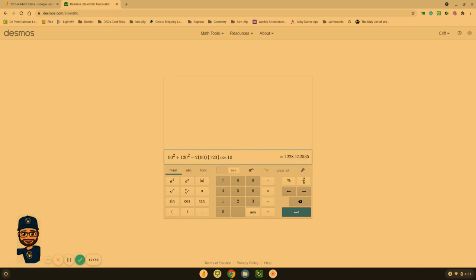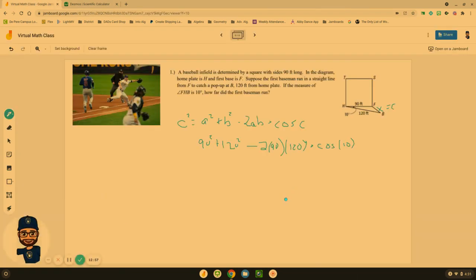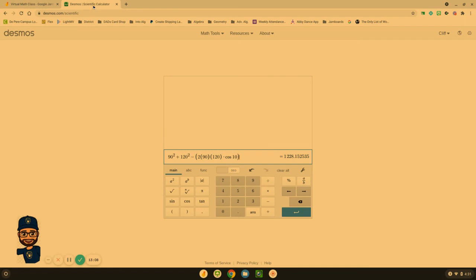If you want, you could put a parenthesis out front and a parenthesis out back to just make sure that's included in that sense. I'll even put a multiplication sign in there. So C squared equals 1,228.15.